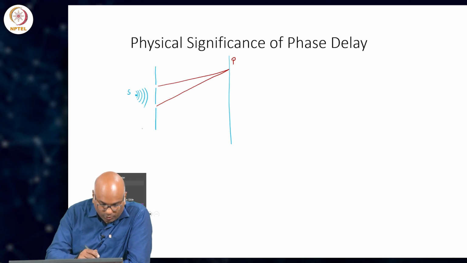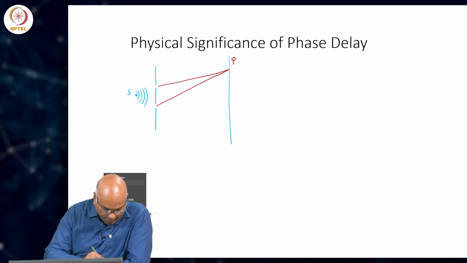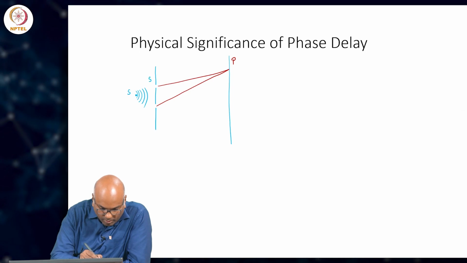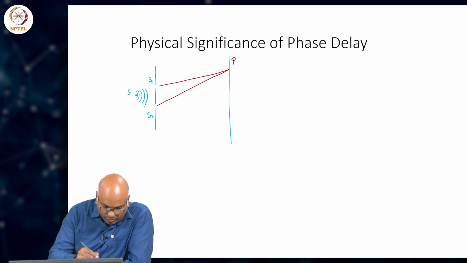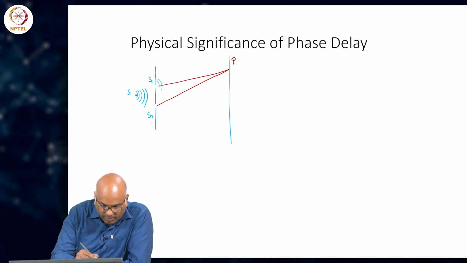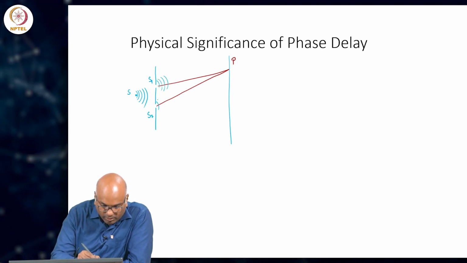Now, you have two sources, you went from source point S1 to S2. So, these two sources also emitted spherical wave fronts.